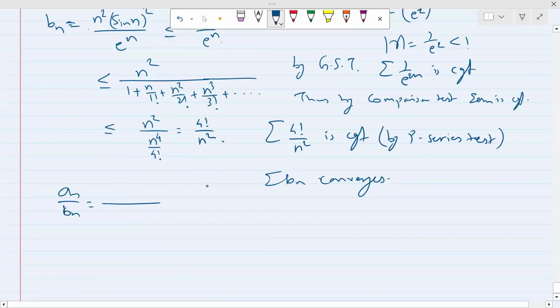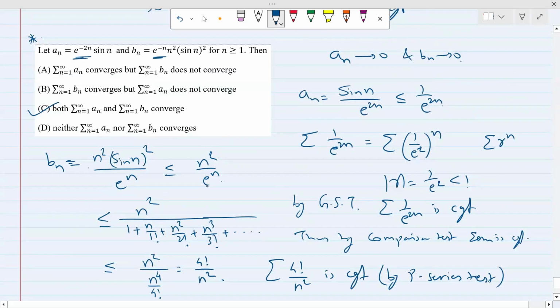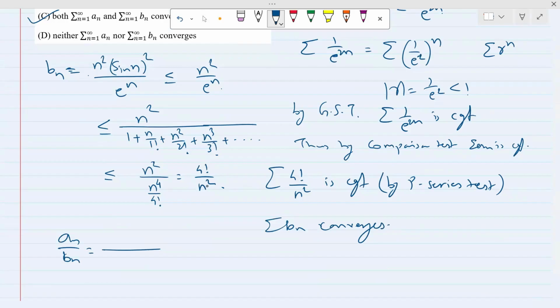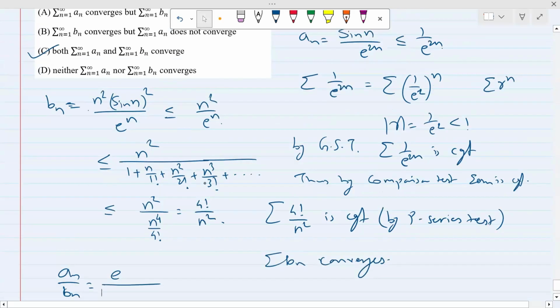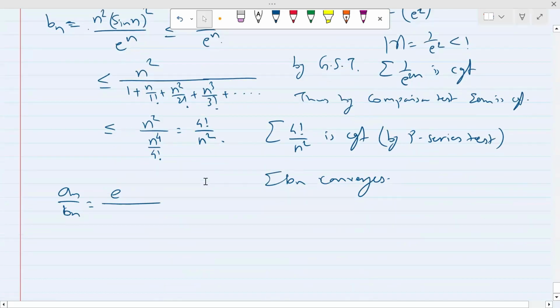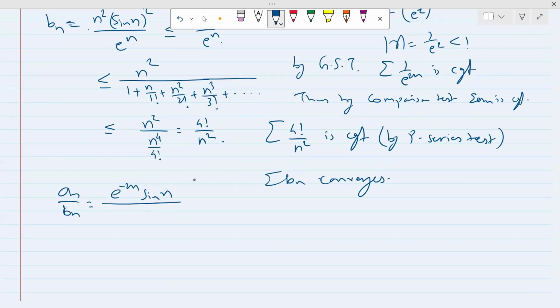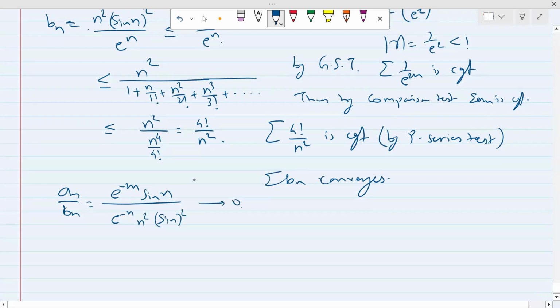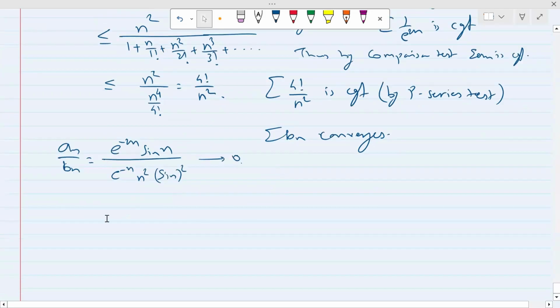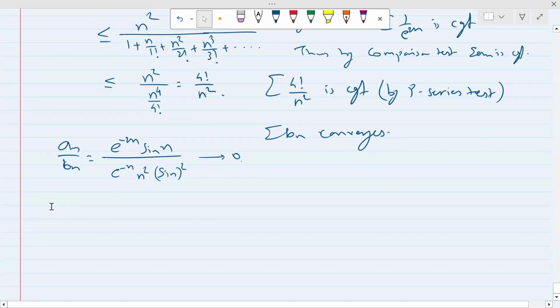What is An? e raised to minus n square sin n upon e raised to 2n. Bn is e raised to minus n square sin n whole square. This goes to 0. So by limit form of comparison test, you can say it converges. Very good.